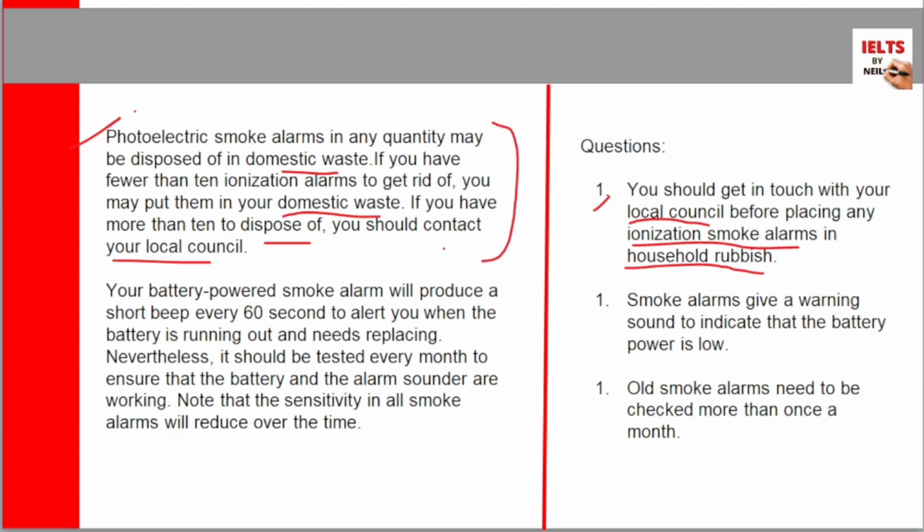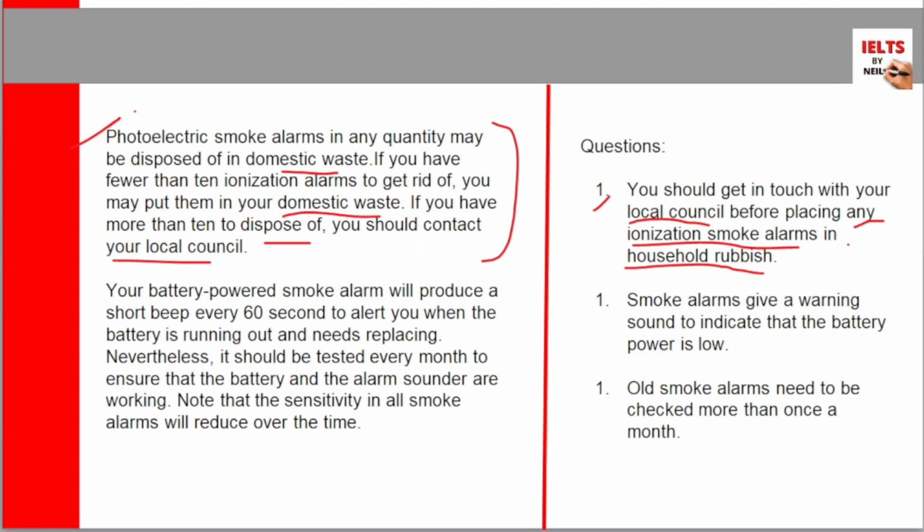So according to the text, there's a condition of the 10 alarms, right? And if you read the question, it is saying you should get in touch with your local council before placing any ionization smoke alarms in the household rubbish, even if it's 1 or 2 or 3. So this is a contradiction here. This is not true according to the text, because the text is saying if you have more than 10 ionization alarms, then only you need to contact your local council.